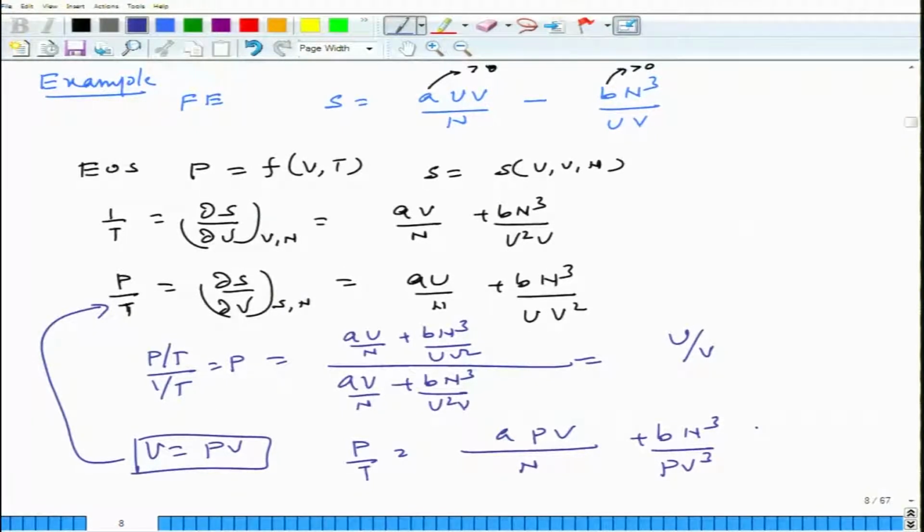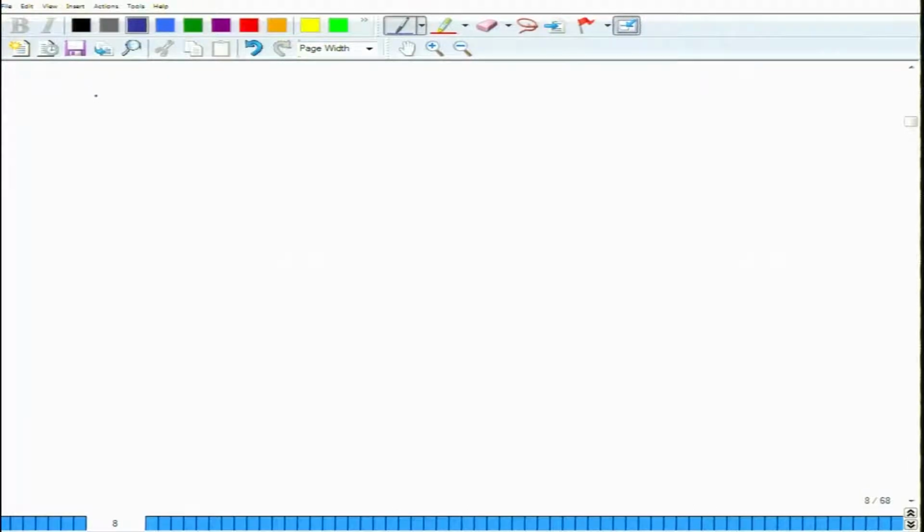Okay. So, we can write in terms of molar property. If we consider molar property as V by N, this would be B P V by N cubed. Sometimes it is also written as V bar.